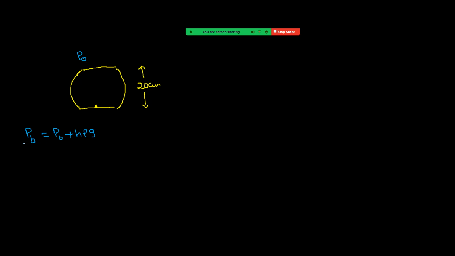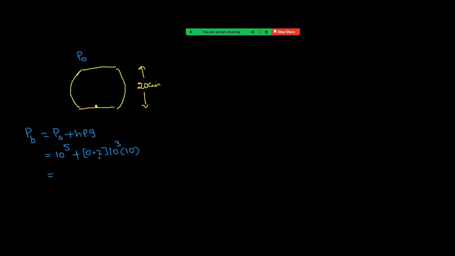If we know these values, let us see what we get. P naught is given, 10 power 5. Now H rho g. See what the H is given: 20 centimeter, that is 0.2 meter. Rho, density of water, is 1000. g value is 10.